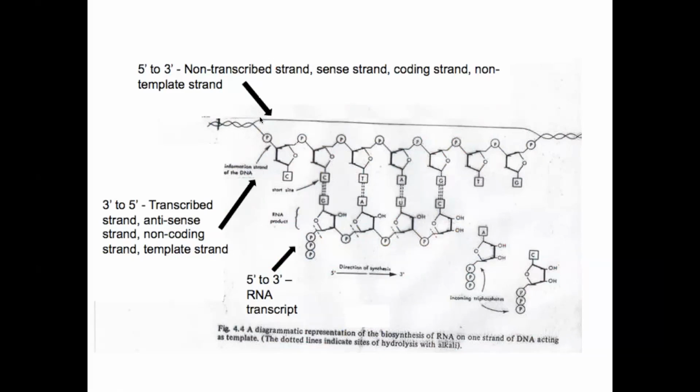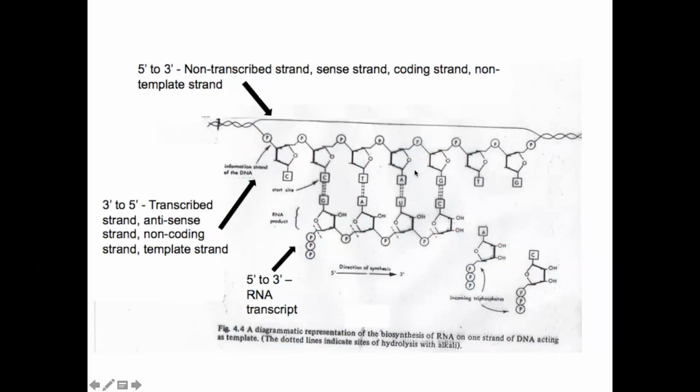It recognizes the template strand, in this case this lower strand here, that is oriented left to right, 3' to 5'. As the RNA polymerase reads that template strand moving in that direction, 3' to 5', it begins synthesizing an RNA molecule in the 5' to 3' direction, incorporating a nucleotide one by one.